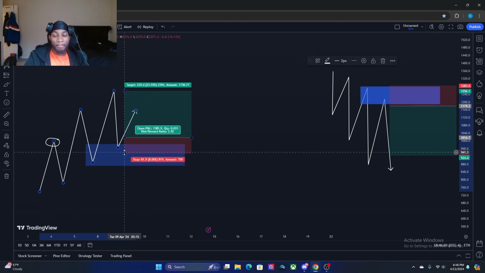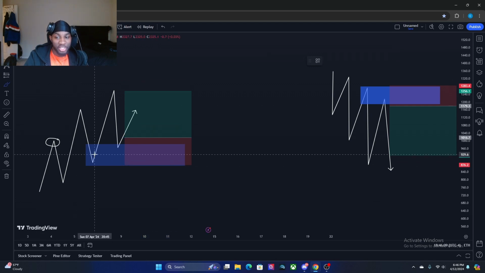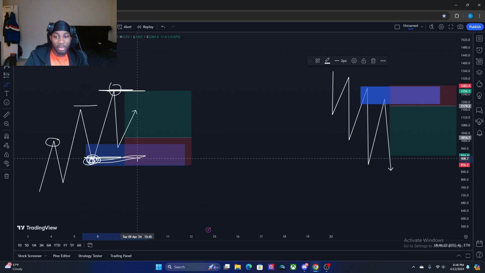But if you want to be safer, you could put your stop loss underneath here, because you know for a fact that this was the most recent low at that time. This is a resistance at this point, and this would be your support.